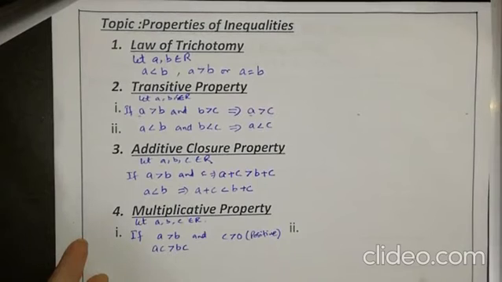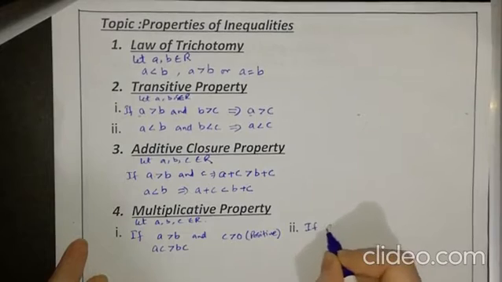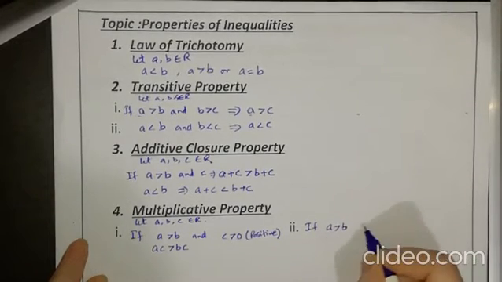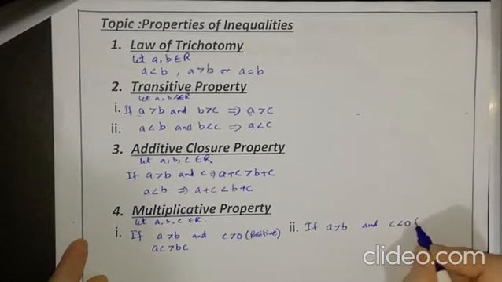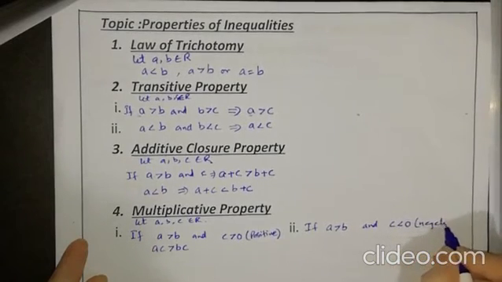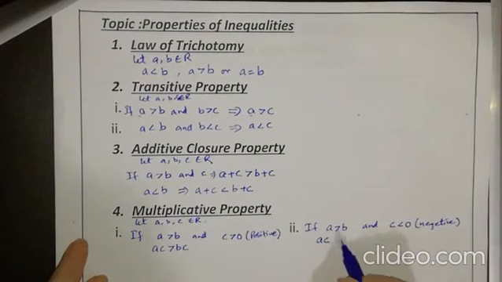So no change in the sign, and the same if A is less than B, then AC is less than BC. Now if A is greater than B and C is smaller than 0, smaller than 0 means C is negative. So when you multiply by a negative, your greater sign changes into smaller: AC is less than BC.